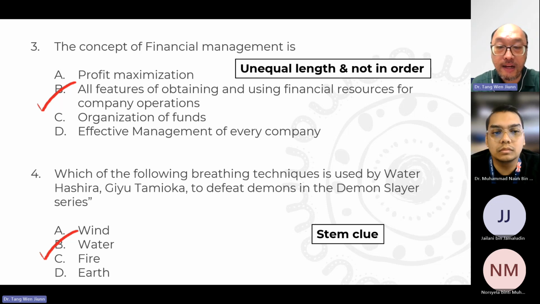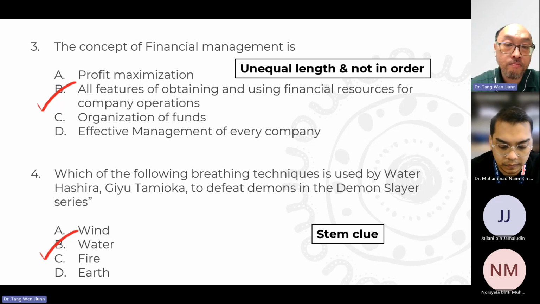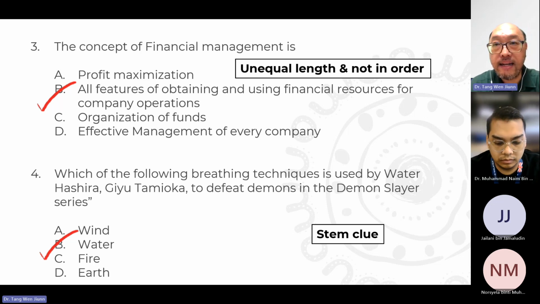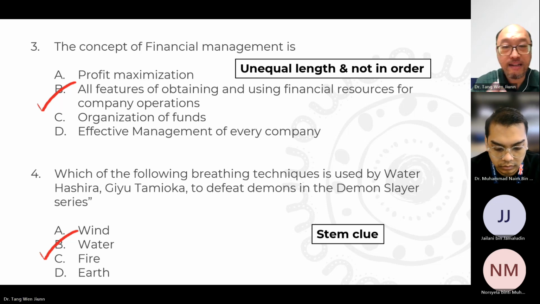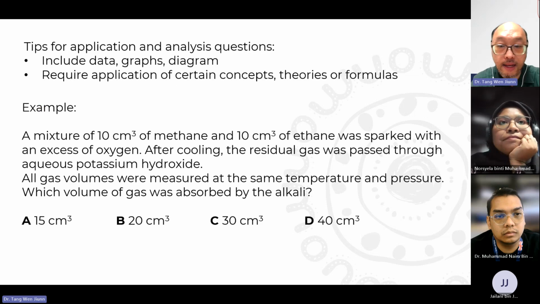So basically, these are the 4 so-called badly or poorly designed MCQ questions, which will mislead the students and also make the assessment inaccurate in measuring the students' understanding.